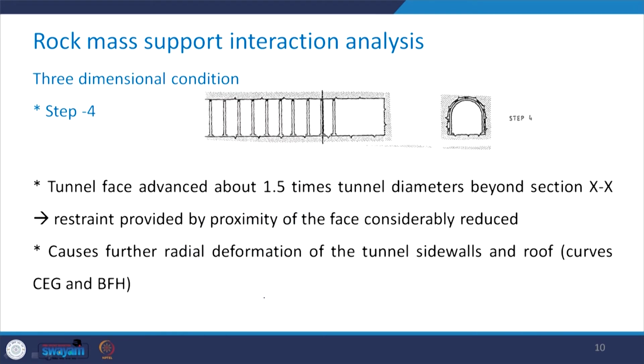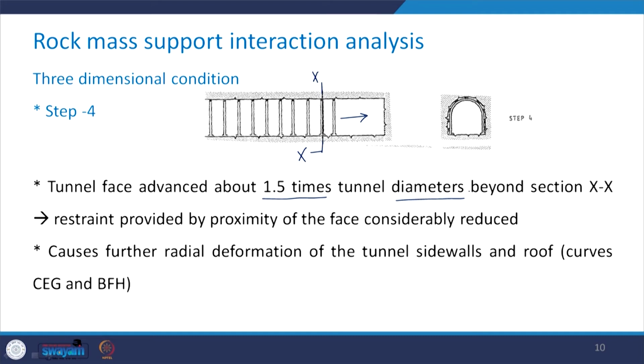Now coming to step 4, what has been done in this case is that beyond this section XX, the tunnel has further been advanced. Usually the tunnel is advanced about 1.5 times the tunnel diameter in one phase.